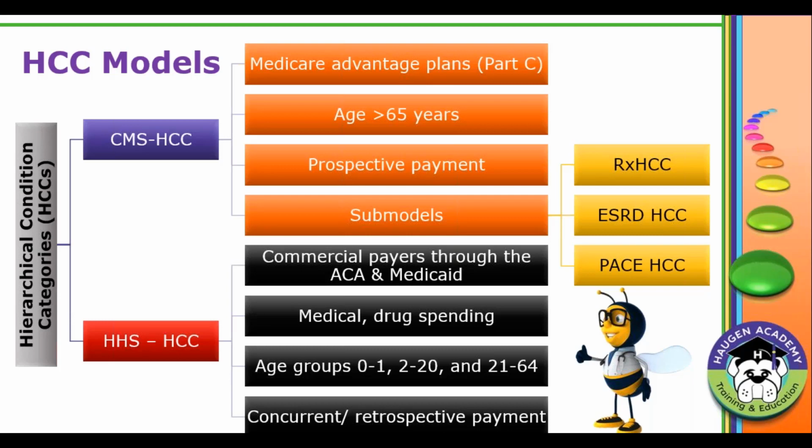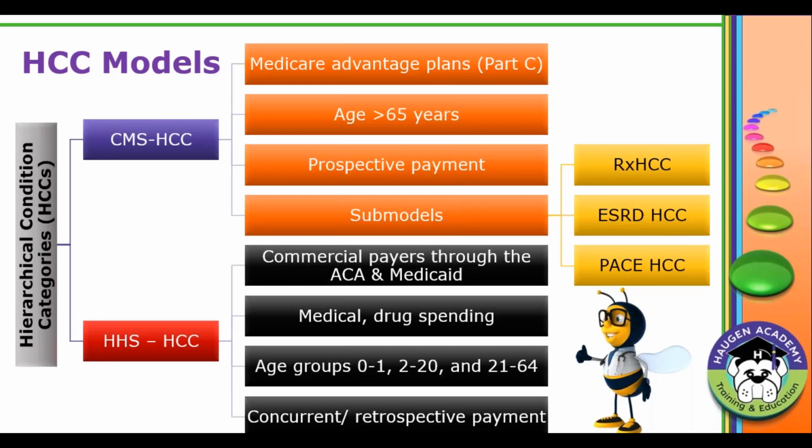There are 3 submodels within the CMS HCC plan, and that includes the RX HCCs, which covers Medicare Part D prescription drugs. We have the ESRD HCCs, which you will see for patients who have end-stage renal disease. So I will step back and say that, like Parts A and B, Medicare Part C will also cover patients who are disabled or who have end-stage renal disease if they are under the age of 65.